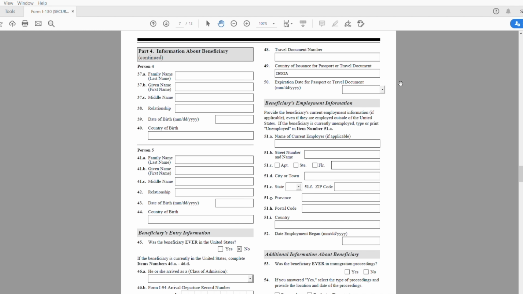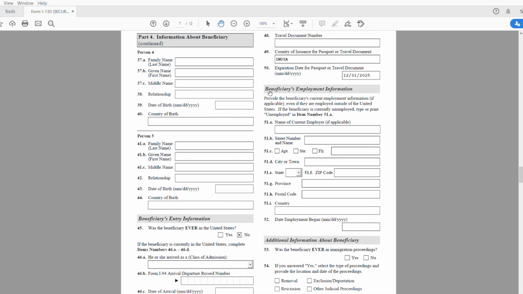And what is the expiration date for the passport or travel document? So here it's December 31st, 2025. In this box, you would indicate the beneficiary's employment information. So provide the beneficiary's current employment information, if applicable, even if they are employed outside of the United States.